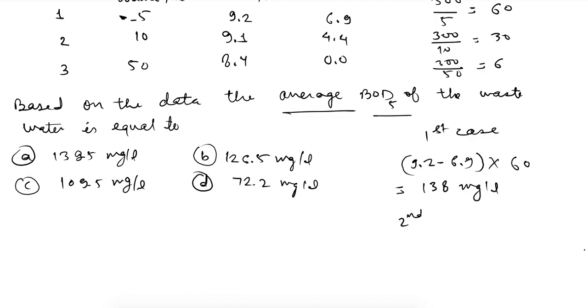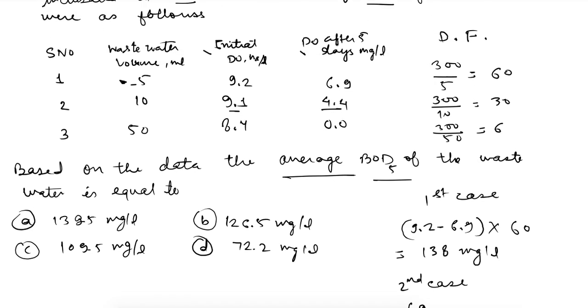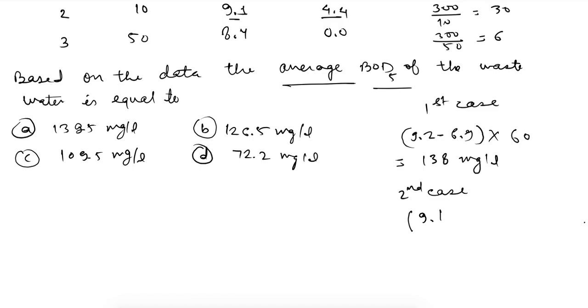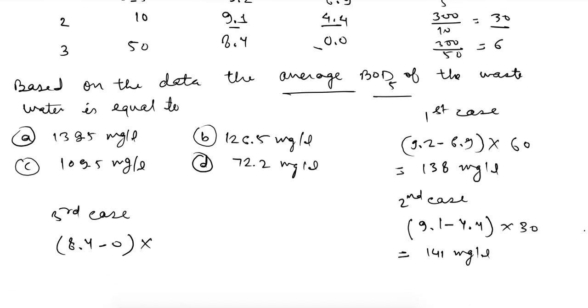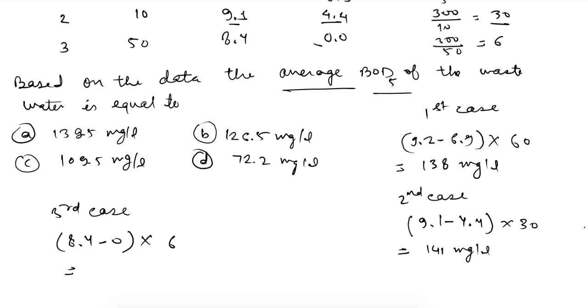In the second case it is equal to 9.1 and DO after 5 days is 4.4, so 9.1 minus 4.4 into dilution factor 30, and this is equal to 141 milligram per liter. And for the third case it is equal to 8.4 minus DO after 5 days, it says 0, into dilution factor 6, so it is equal to 50.4 milligrams per liter.